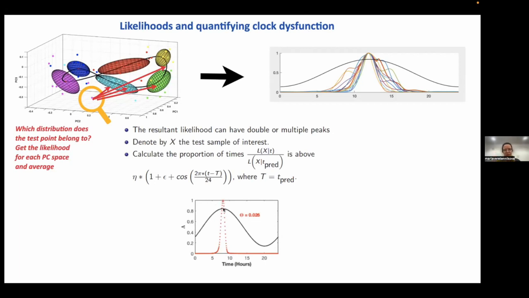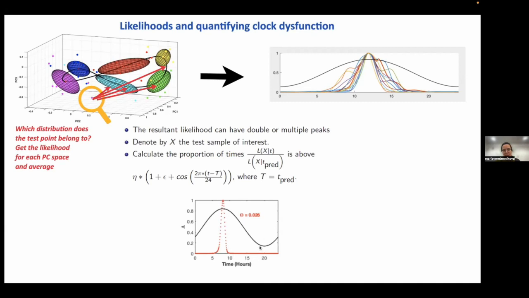And imagine you had two peaks, because it's possible to have two different peaks. Imagine you have a peak here and you have another very high peak 12 hours out. That would mean that you are actually very uncertain what the real time of the sampling of the biopsy is, because the area above this threshold wouldn't be very small.